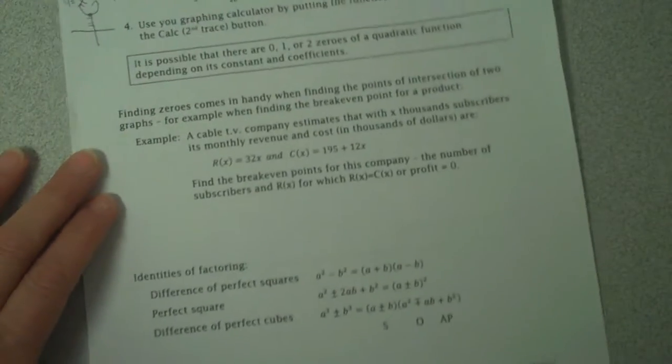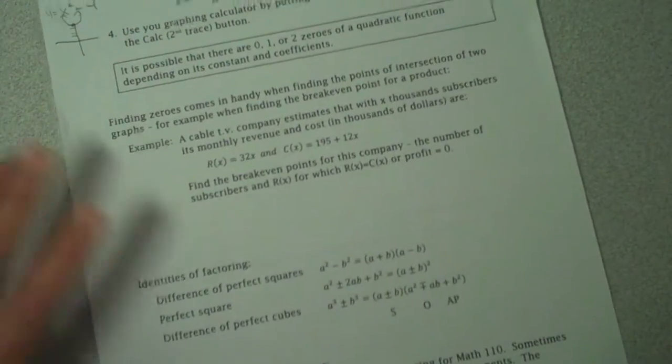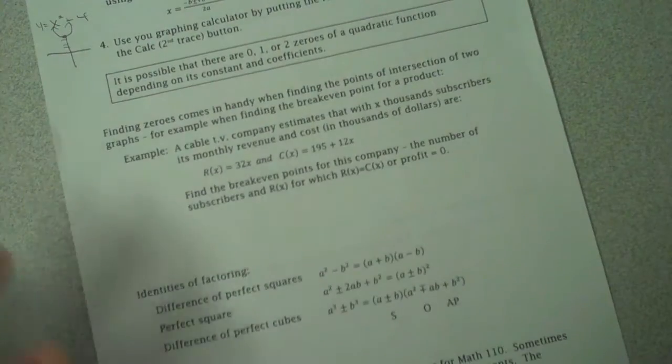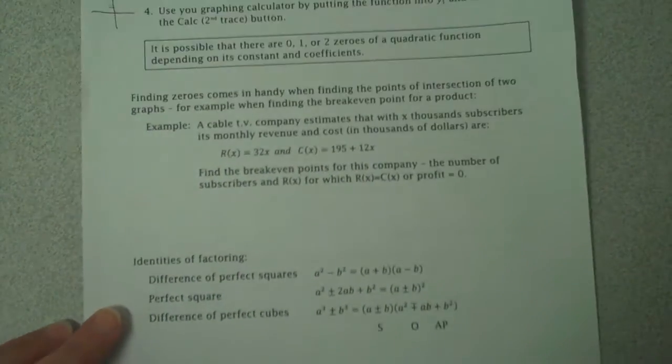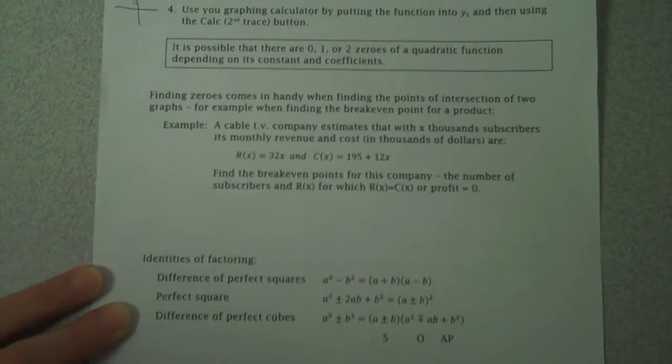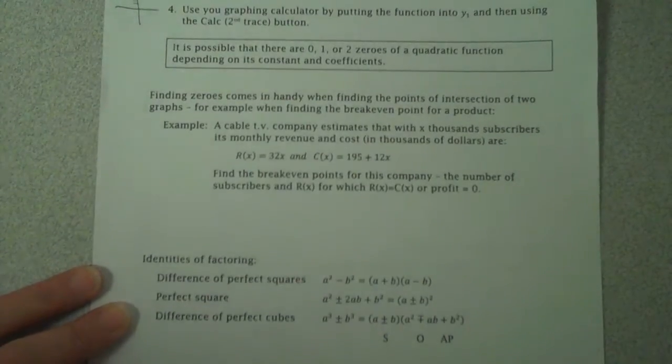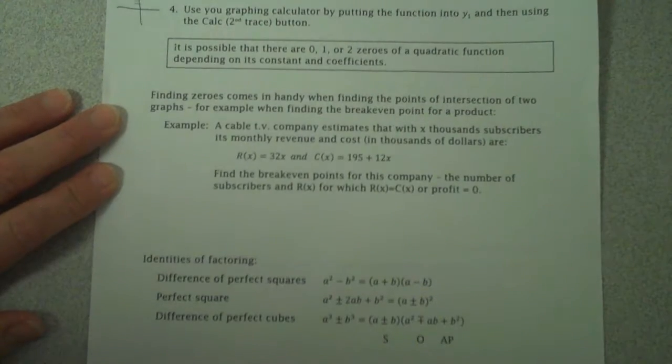So the importance of finding zeros, like I said, for the most part it's going to be once we take the derivative, but it's also important to know in terms of business calculus that the point of intersection of two graphs is something we're interested in, and it is if we're talking about a break-even point.